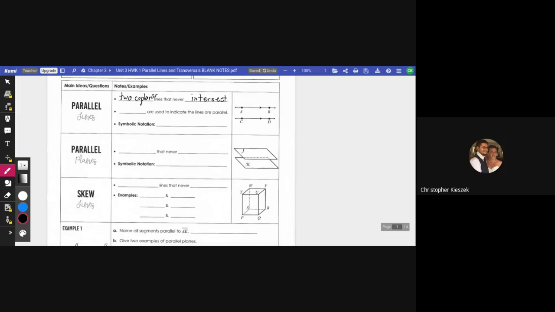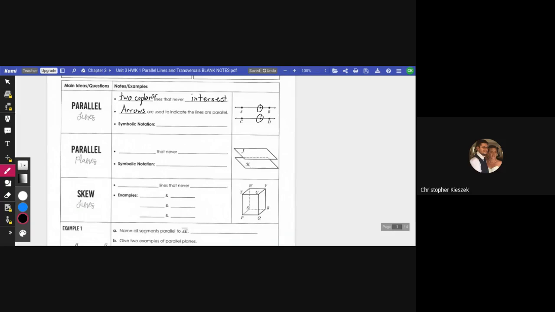Now, just like last chapter where we had notation to identify different things, same thing with parallel lines. Arrows are used to indicate that lines are parallel. So if I ever have a problem that either tells me two lines are parallel or has those arrows, it means they're parallel.